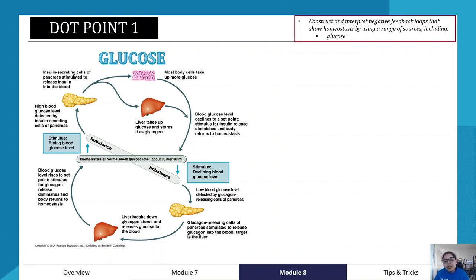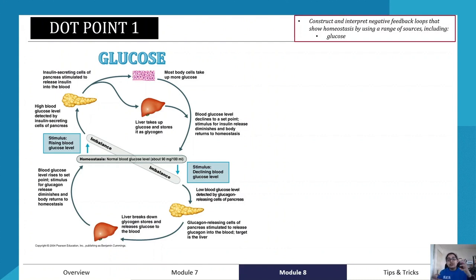But the liver won't store glucose as is. It is going to change the glucose into something called glycogen. Glycogen is basically like a big chain of glucose, like 10 to 12 glucose molecules attached in one glycogen unit. You don't need to know that, but that's just to explain why the liver is doing that.